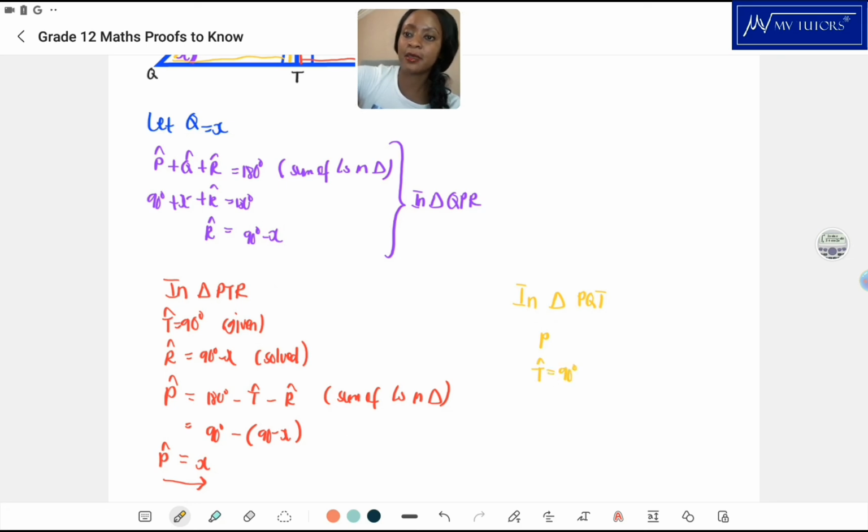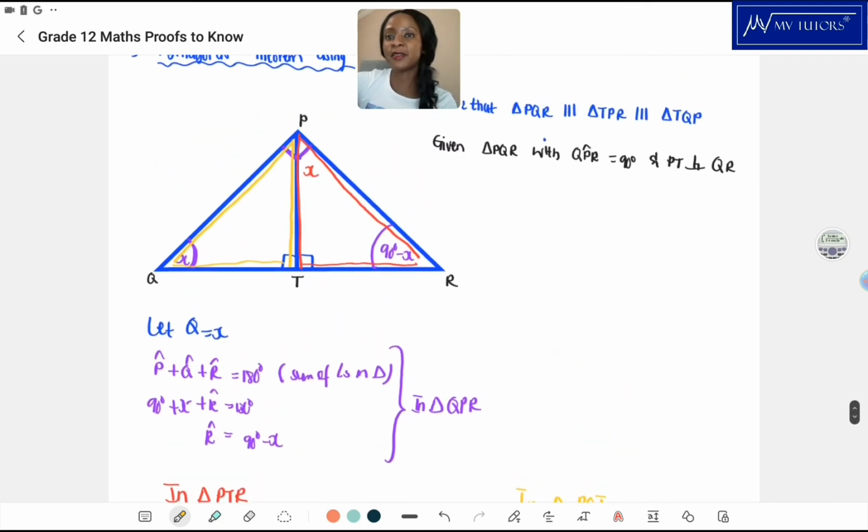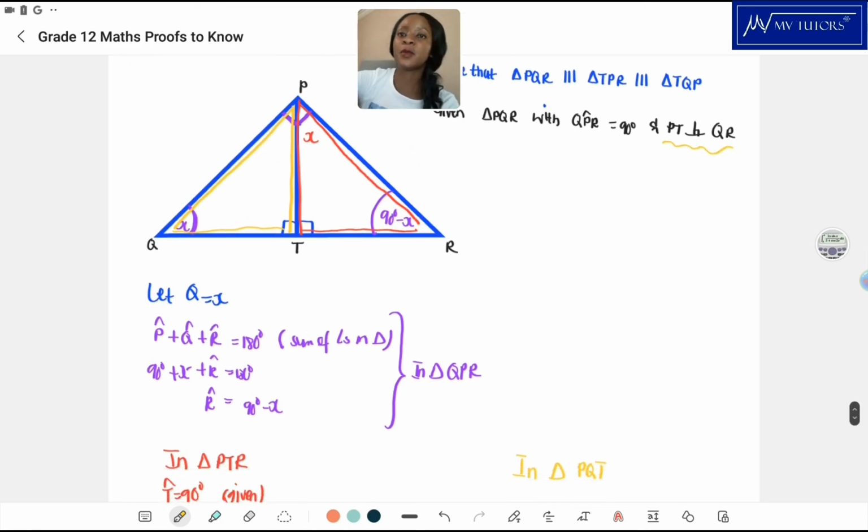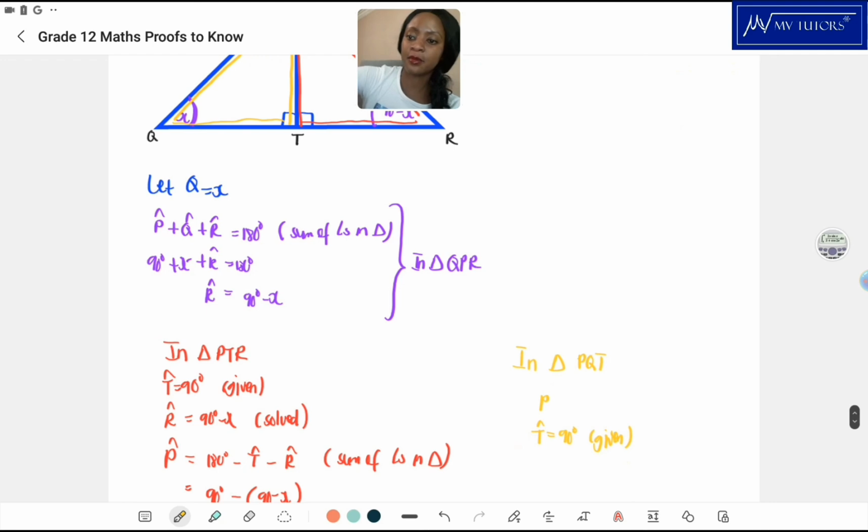That was given. By given I mean that because we had PT is perpendicular to QR.